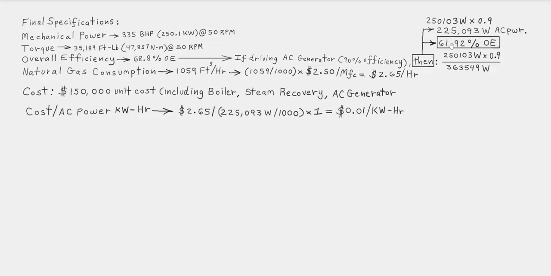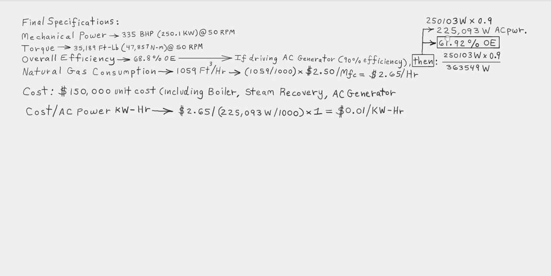So we can round up to at least 62% overall efficiency, dividing the output electrical power harnessed into the input power in the form of natural gas, that 358 BTUs times 1056, the equivalent thermal wattage of combustion. So it's about 62%, which is really high with the electrical generator.